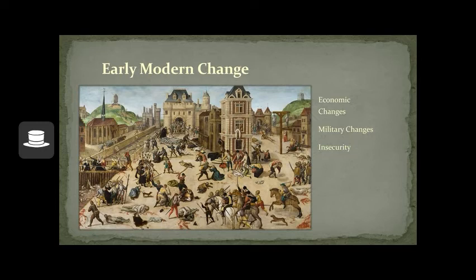And so with all this violence and chaos in the minds of many people, a strong central government, a government that was going to be able to suppress all these different factions who were killing each other and fighting each other was very desirable. People just wanted the bloodshed and the chaos to stop.